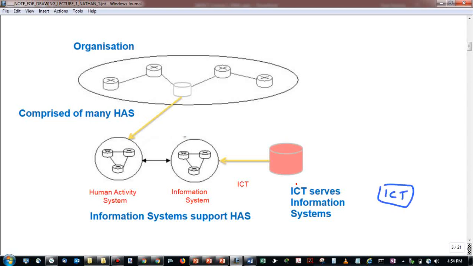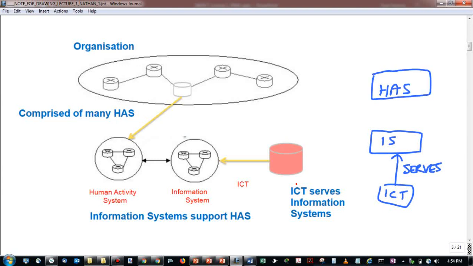You'll see that it's connected to the information system, because the ICT serves or provides stuff to this system. That's their connection. The connection could go backwards as well, but typically we just use this to process stuff to give us information that we can use. And above that, there's a human activity system.